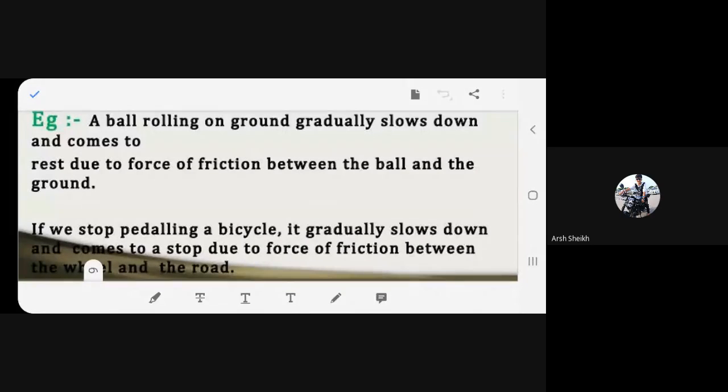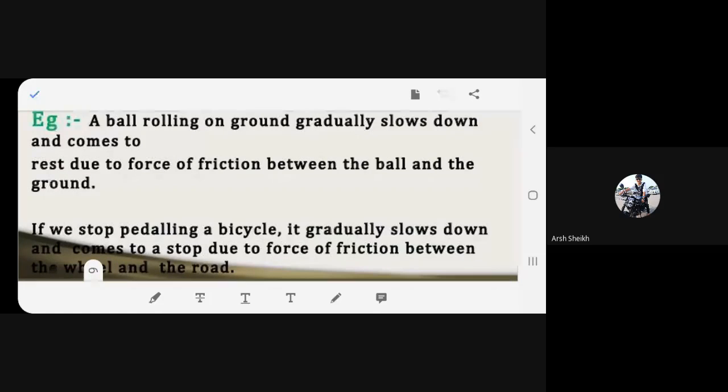Thanks a lot, Beta. So what new did we get in this slide? It was the bicycle, because the ball we had already taken from the beginning as an example, isn't it, Beta? So we know about the ball, but something new added in this slide was pedaling a bicycle.